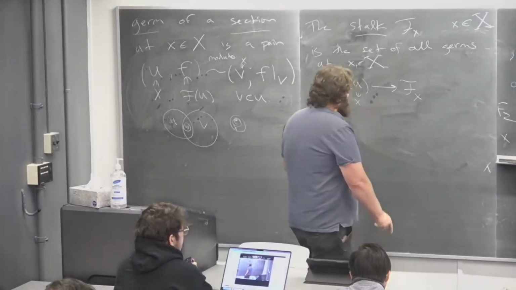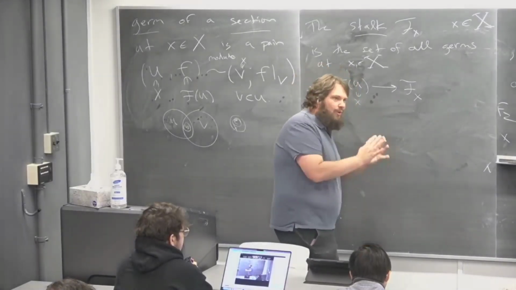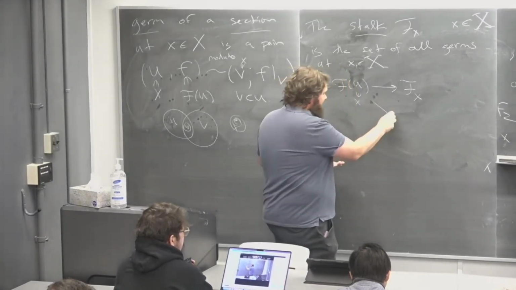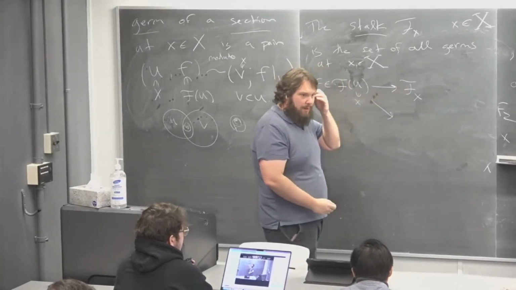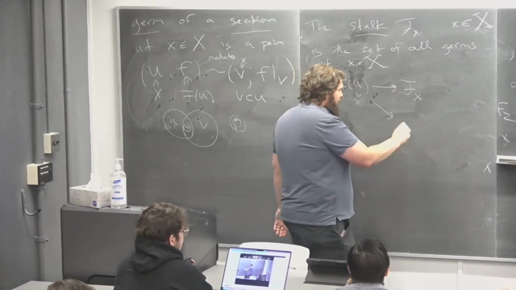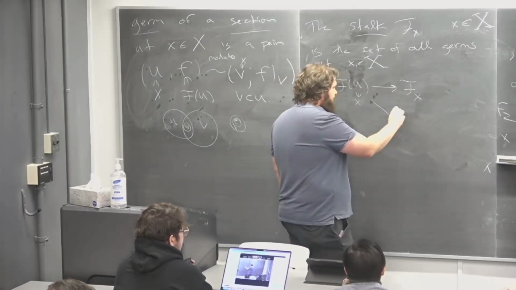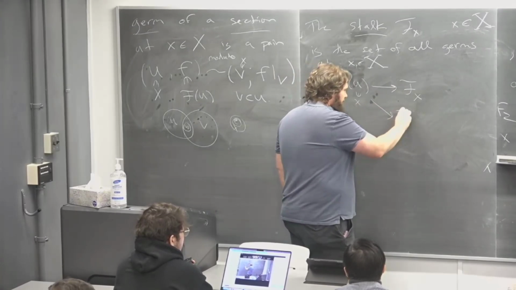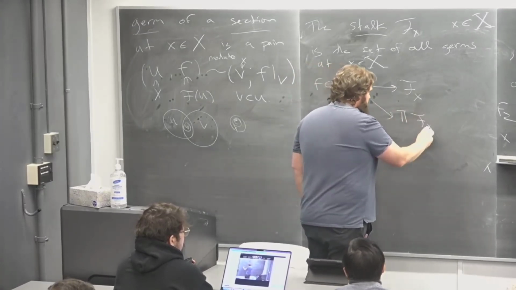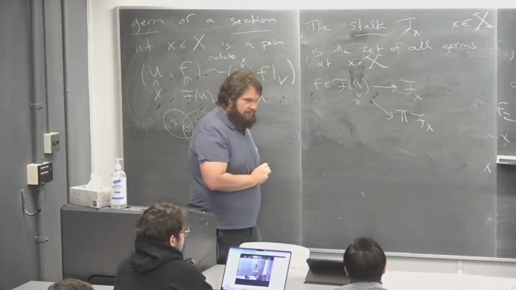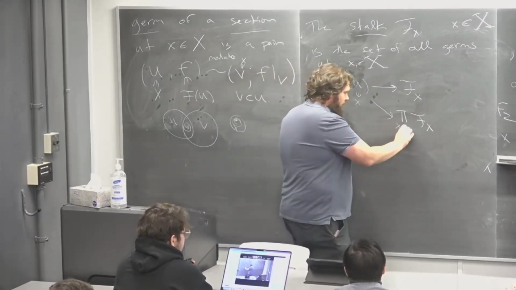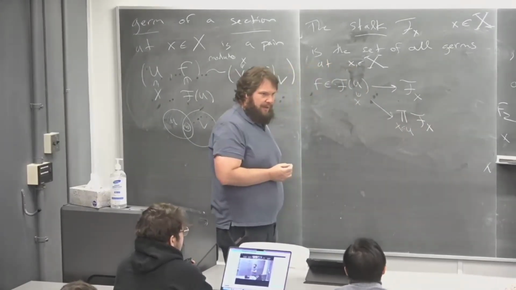What he was saying is that instead of thinking about the value at one point, you can think about the value at all the points. So I can think about the Cartesian product of all of these stalks and think about having a map into there.